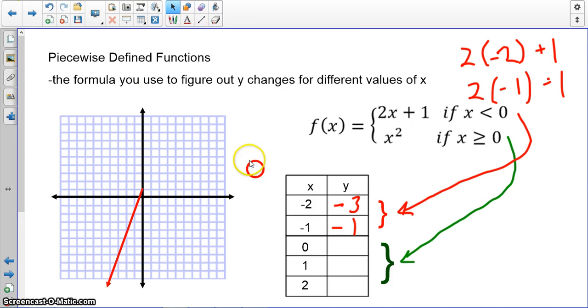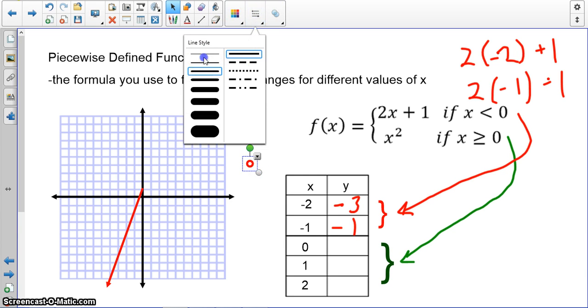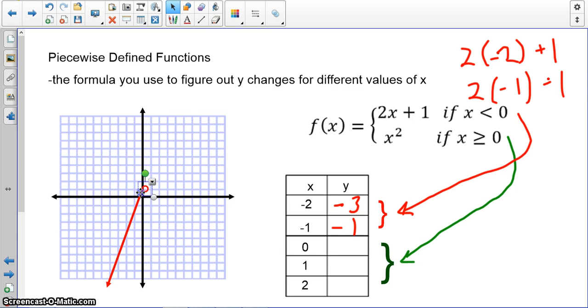That y-intercept is not included, like I was saying, and I need to indicate that with an open circle right here. So the y-intercept is not at 1. It would be because it's 2x plus 1, and usually this number here indicates the y-intercept, but this stops before it hits the y-axis, and the way we have to communicate that is this less than 0 business right here.